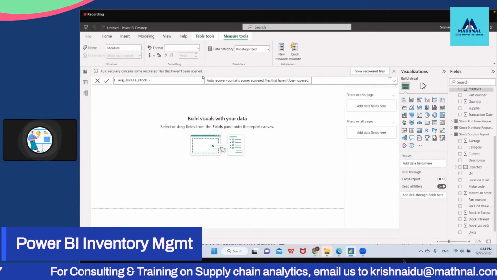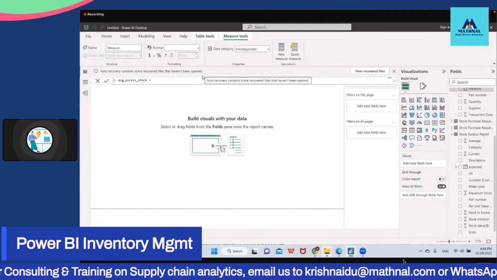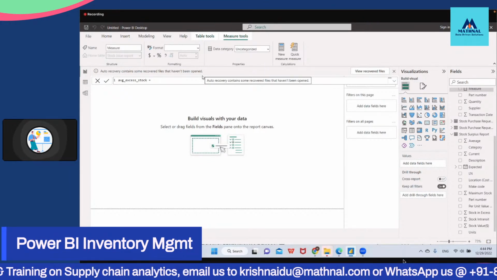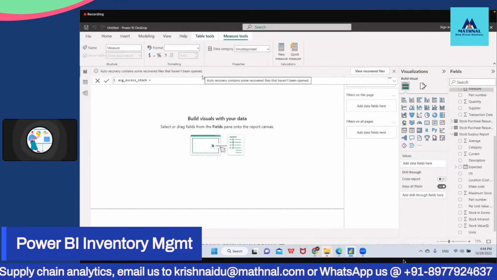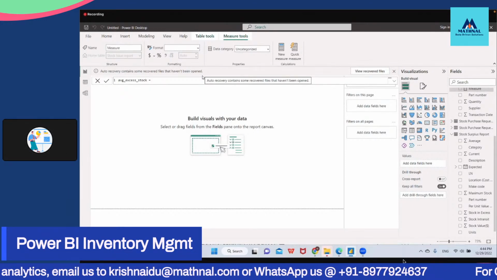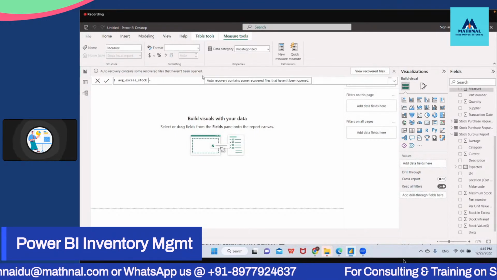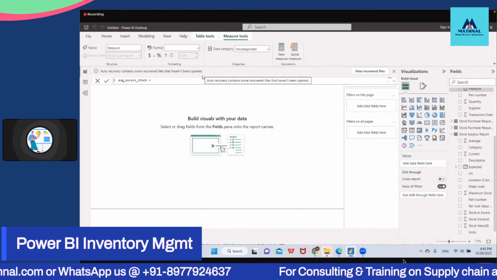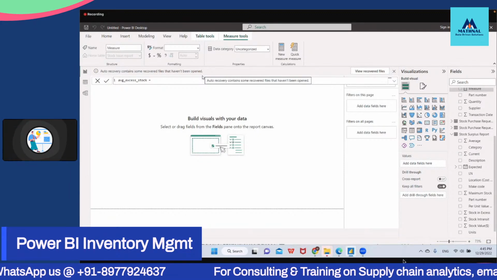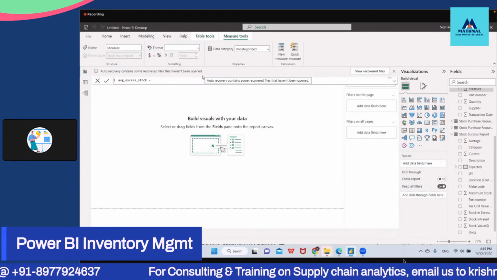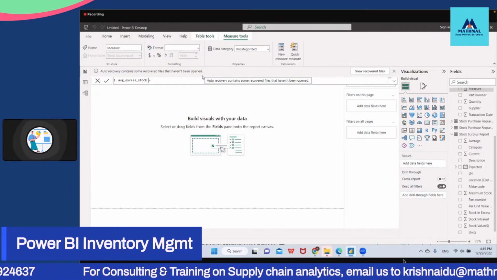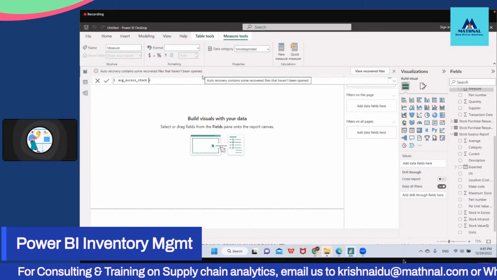In case you don't want to go row wise, you want to directly have the calculation without going row wise. Suppose you have data and you want to do row wise calculations, like what we did for per unit stock. How did that calculation happen?